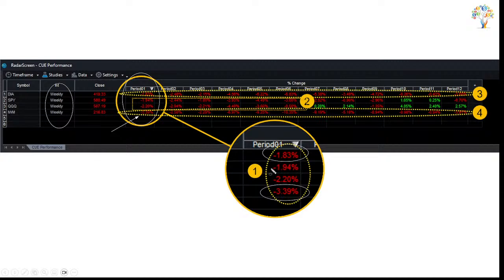Very bearish week. Looking back, SPY and QQQ are now down for all the periods from week 1 to week 6, 1.5 months. And DIA and IWM are now down for all the periods from week 1 to week 12. That is a 3 month period.